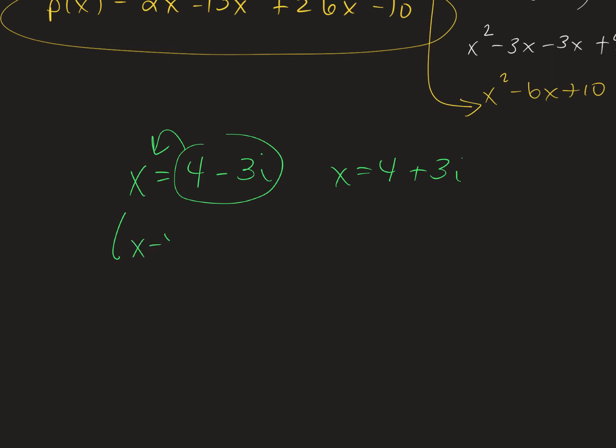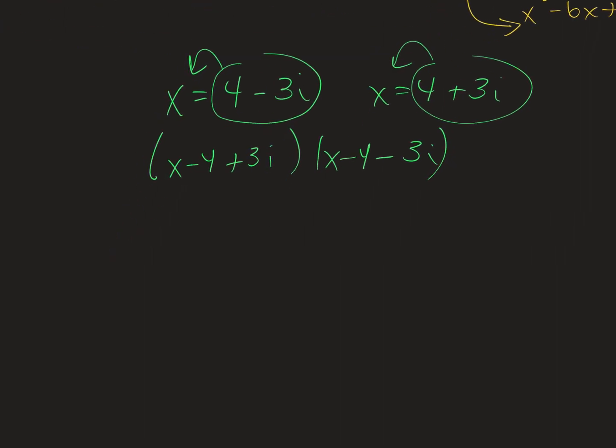So I have x minus 4 plus 3i. I'm bringing this whole thing over here. I have x minus 4 minus 3i. The first sign stays the same. The second sign changes. So from this point, you could go ahead and do x times negative 4, x times negative 3i.